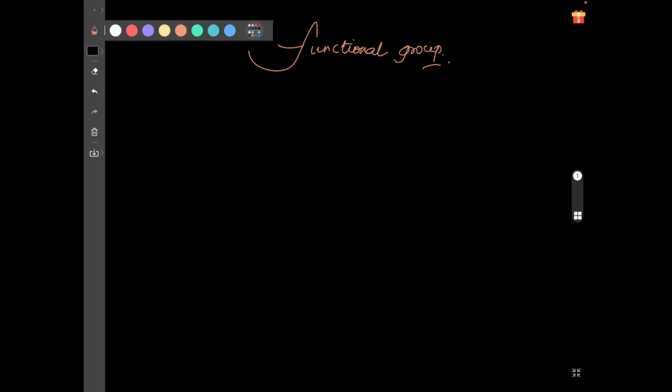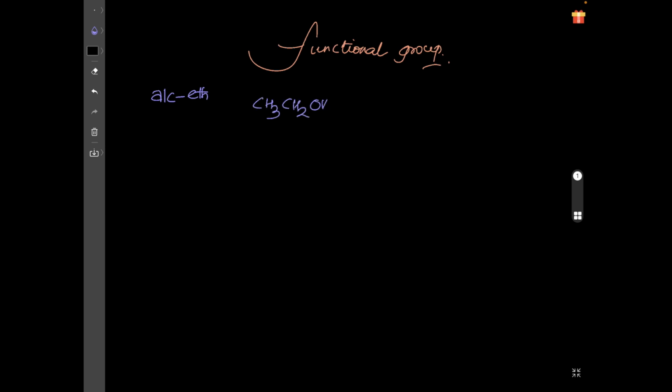Position isomers. Coming to functional group isomers. Functional group isomers means compounds having the same molecular formula but different functional groups. This is not possible in all cases. A few examples are there, like alcohol and ethers. CH3CH2OH is an alcohol, ethanol. CH3OCH3 is methoxymethane.